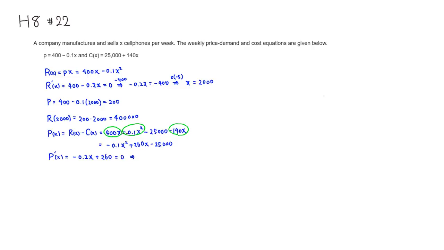I'm going to subtract 260, so negative 0.2x equals negative 260.